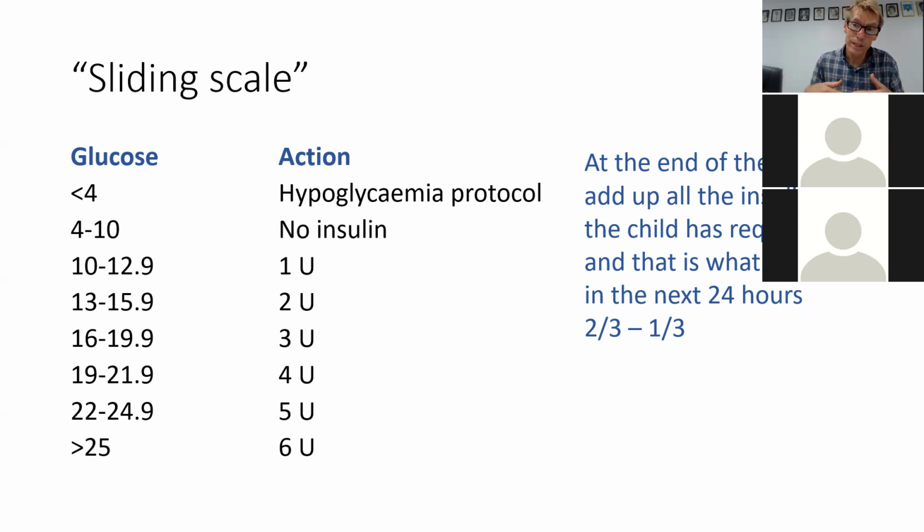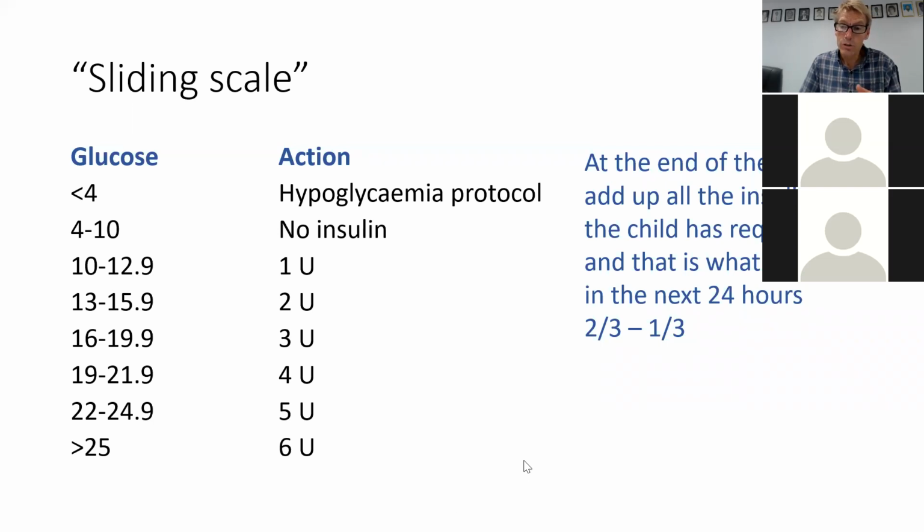Sometimes as children are recovering from their DKA, they start getting hungry and they start eating a lot. So they might seem to have a high insulin requirement in the first couple of days because they're back to normal and they're hungry and eating a lot. So it is a dynamic thing that has to be adjusted every day.